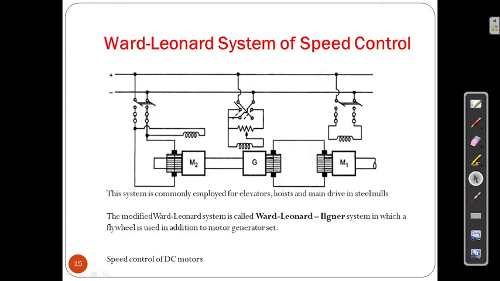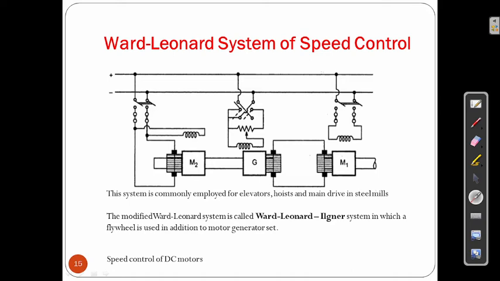Then the Ward-Leonard system speed control method. Here the supply is given to motor 2, and this motor is connected with the generator, and this generator is connected with motor 1.